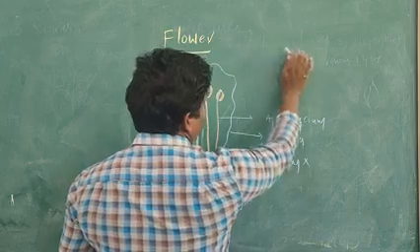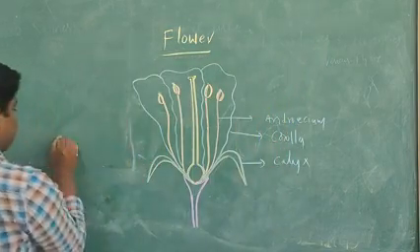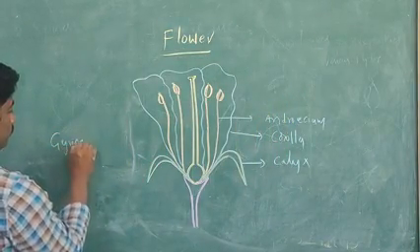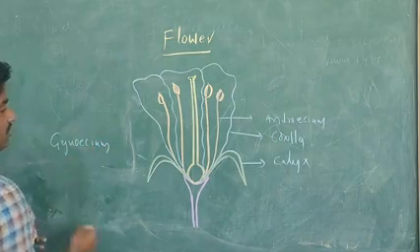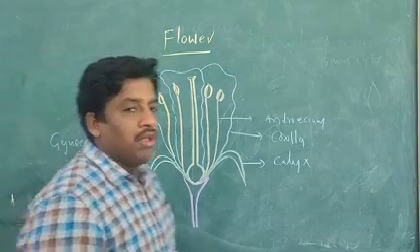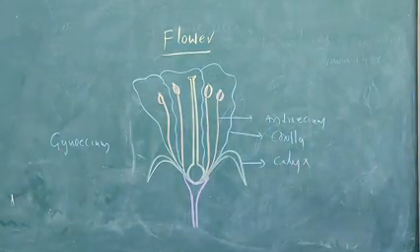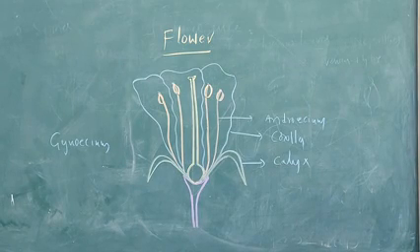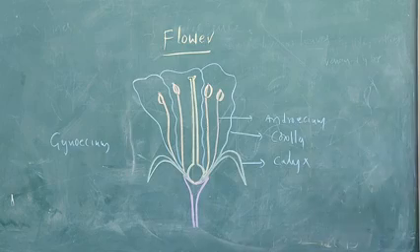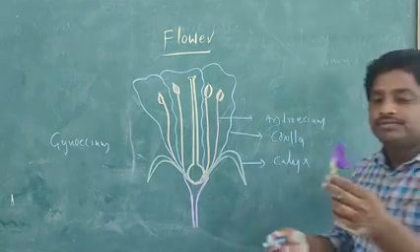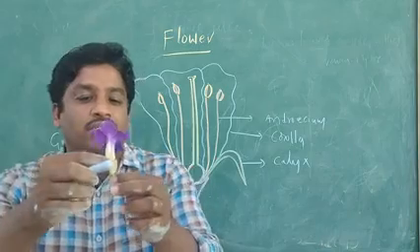What do you call the fourth one? Gynoecium. Gynoecium. So in the four circles, okay.